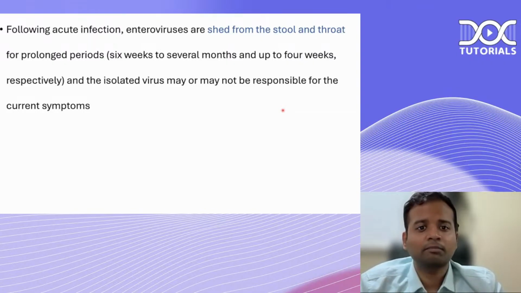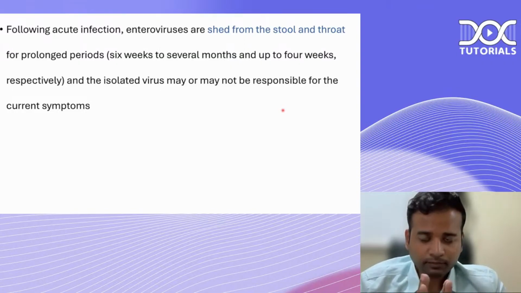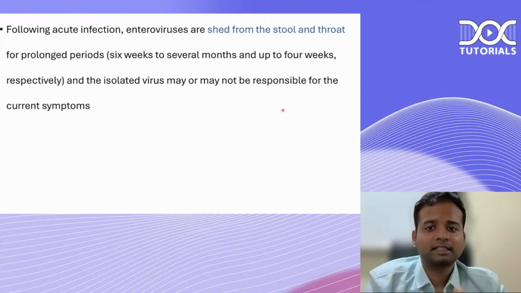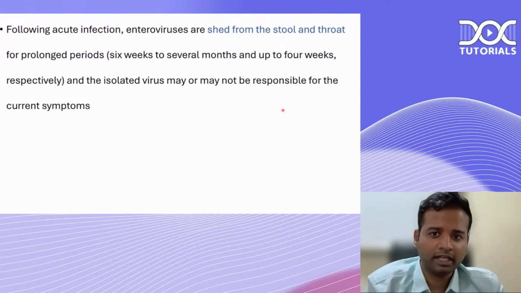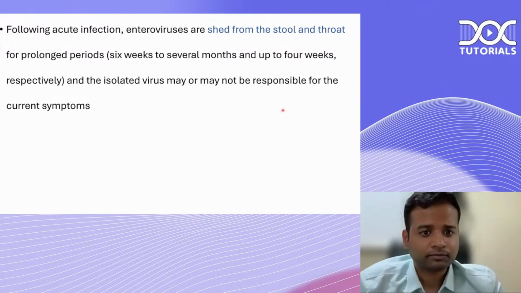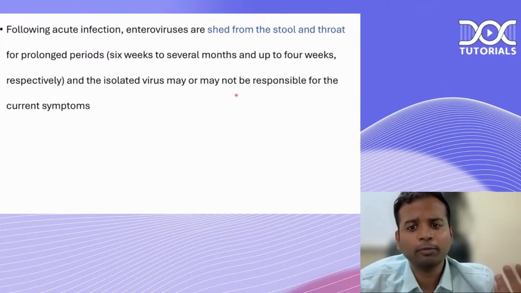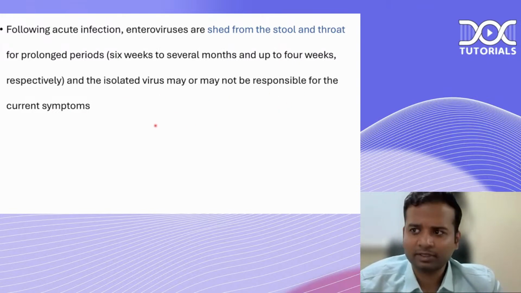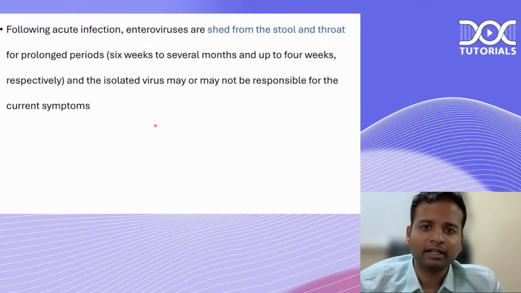So just identifying the PCR in the stool or respiratory secretions will not help us in the diagnosis. Clinical signs and symptoms also have to be taken into consideration. The isolated virus may or may not be responsible for the current symptoms. The child may be completely asymptomatic, shedding the virus in the respiratory and gastrointestinal secretions. That is the important point.